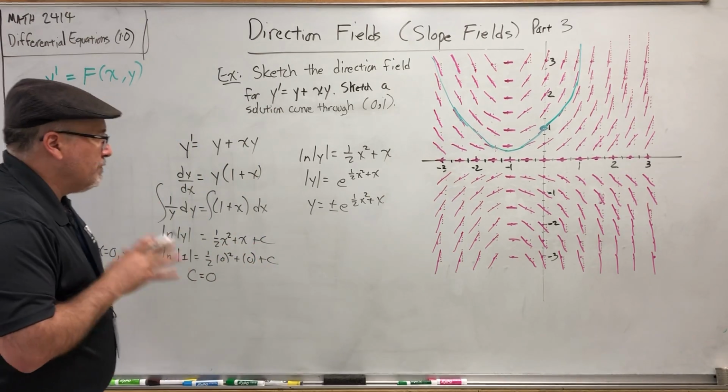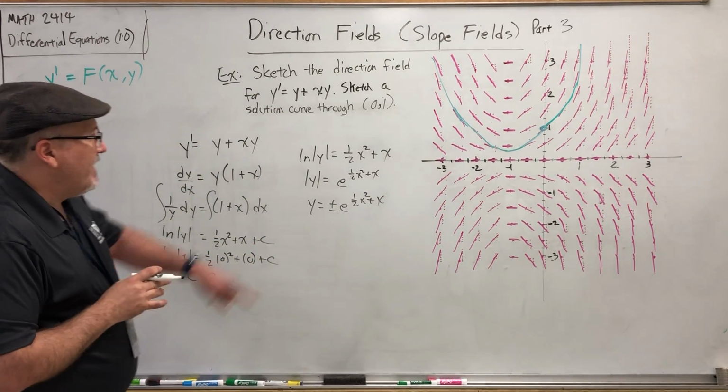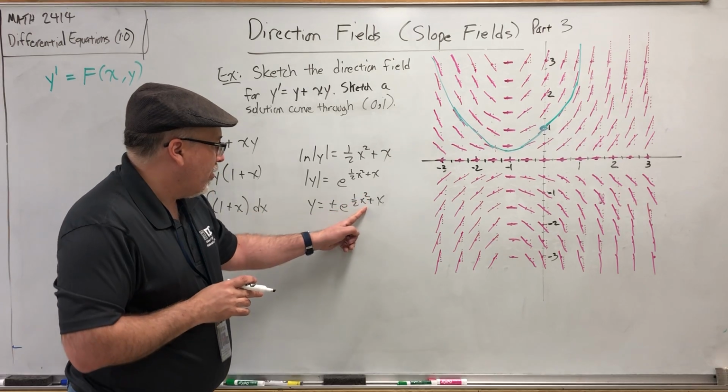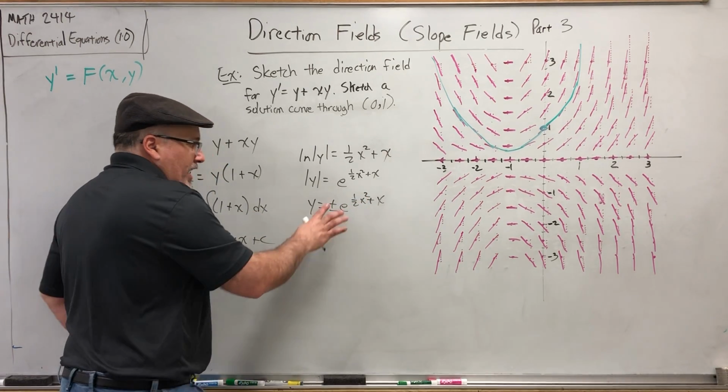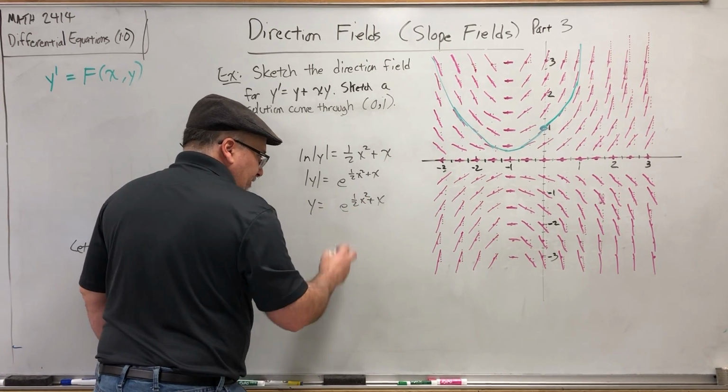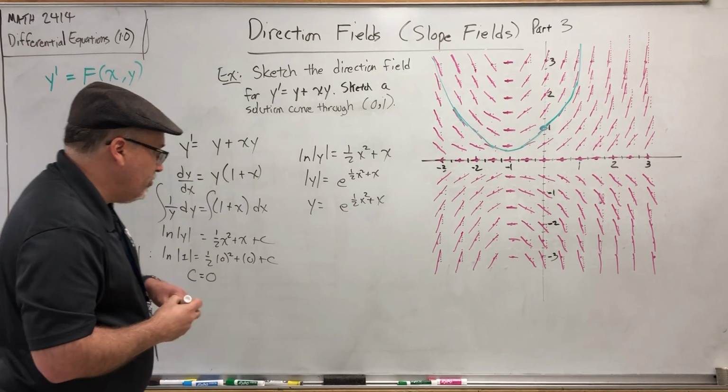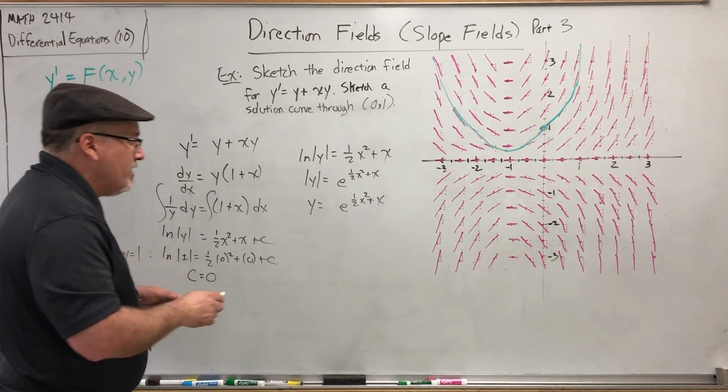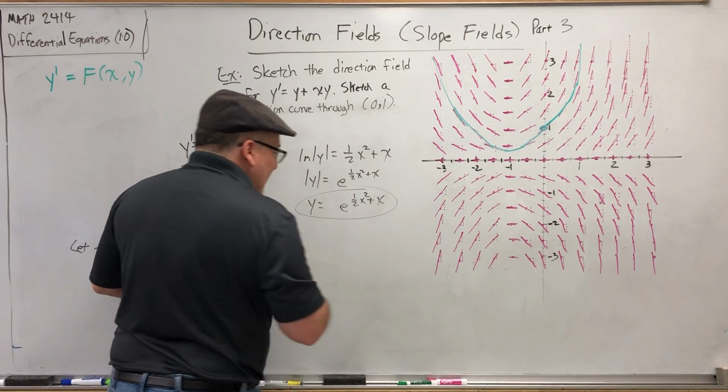But for this particular ordered pair, we need y to equal 1. And if we put 0 here, we get e to the 0, which is 1. And for y to be 1, we have to put the positive. So our solution seems to be y equals e to the 1/2 x squared plus x.